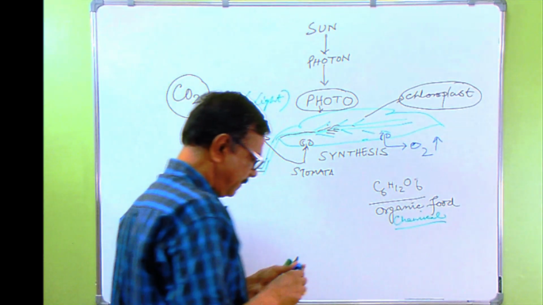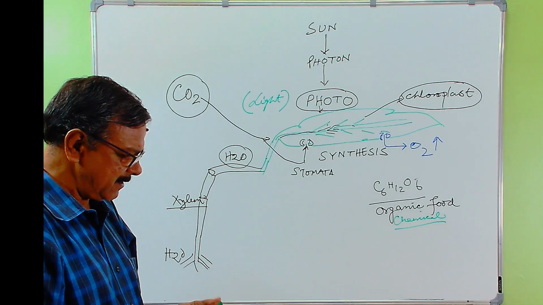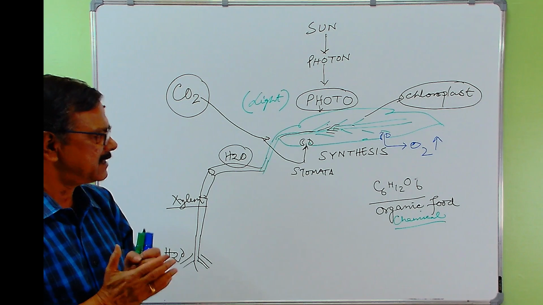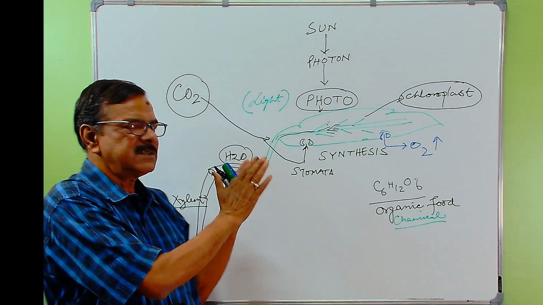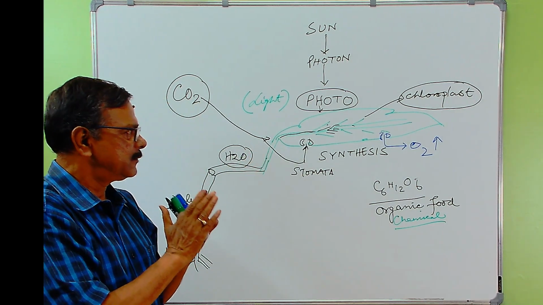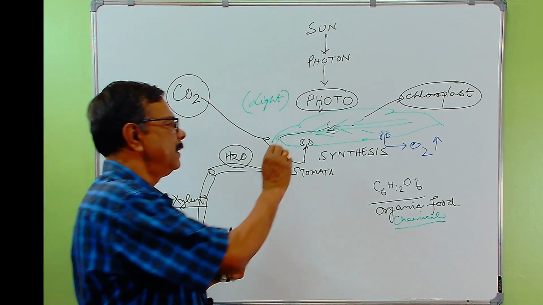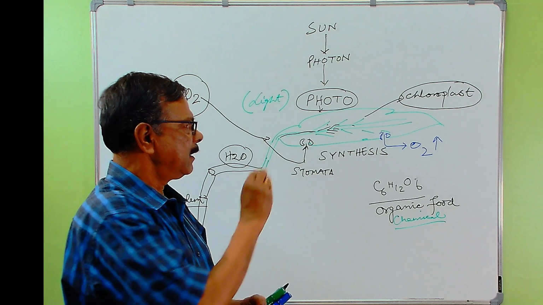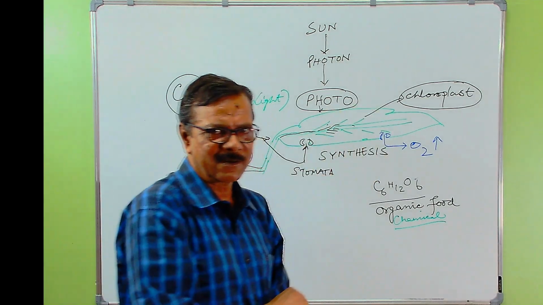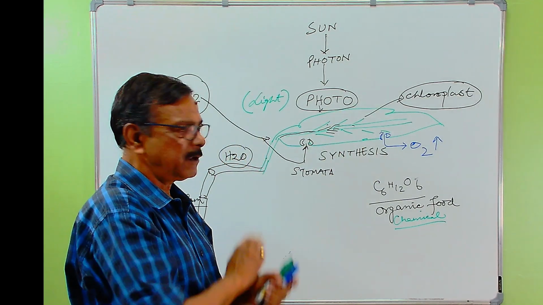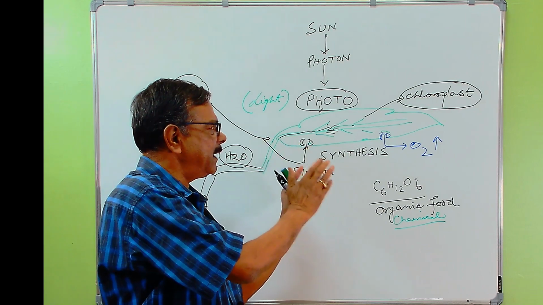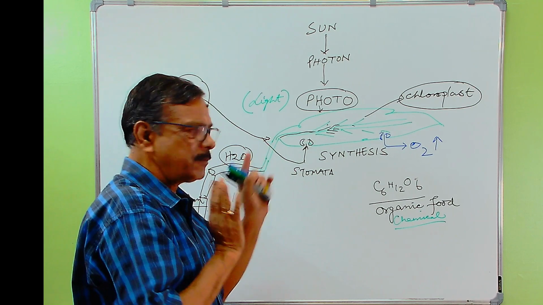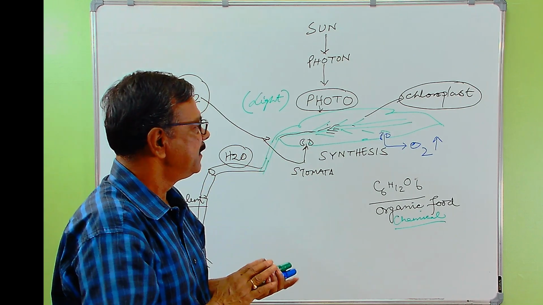Now we can complete the definition of photosynthesis: it is a process through which the green parts of a plant containing chloroplast or chlorophyll, whatever you say, it should be there, a special component.